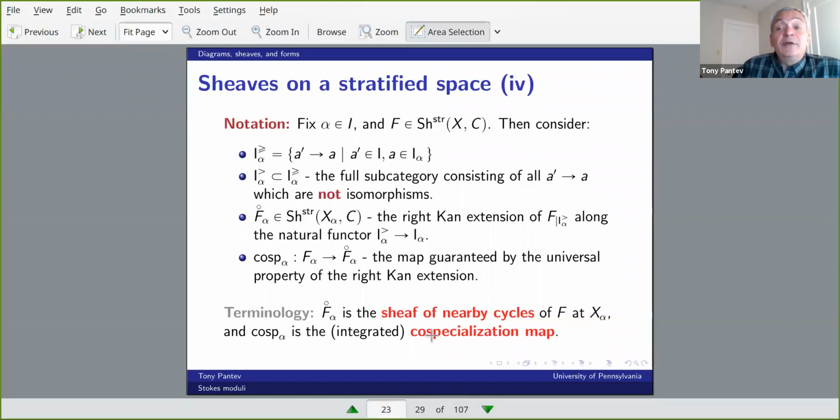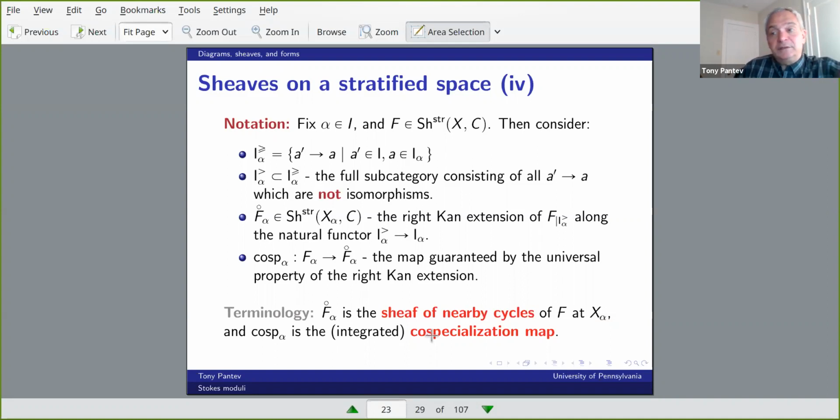And then you can define the nearby cycles for your constructible sheaf with values in a category to be the right Kan extension for the restricted functor along this functor from the guys that are not an isomorphism to the guys emanating from the stratum. And you have a co-specialization map by the universal property of the right Kan extension. It goes from the local system, the restriction of our constructible sheaf on the stratum, to the nearby cycles.